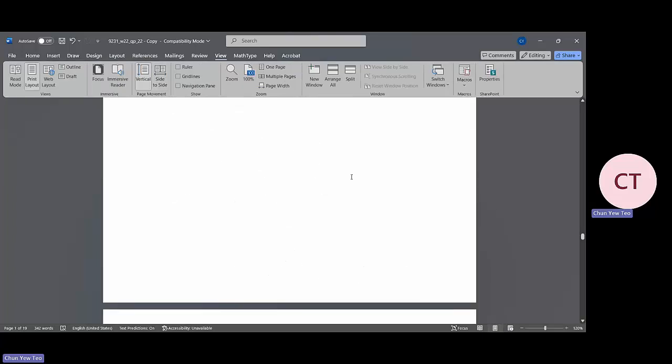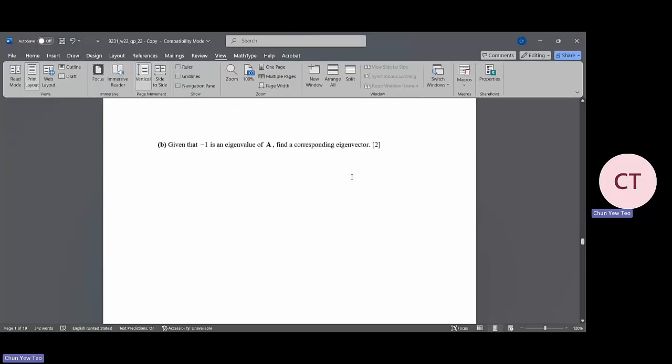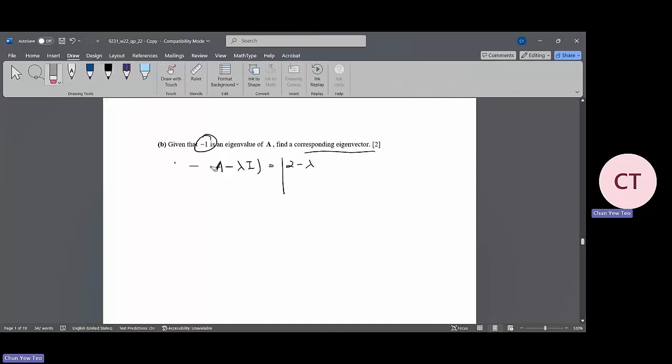Now we move on to 7B. Given that -1 is an eigenvalue, we want to find the eigenvector. So we are having the determinant of A minus lambda I. It will look like this: 2 minus lambda. Actually, we do not need to find the determinant.